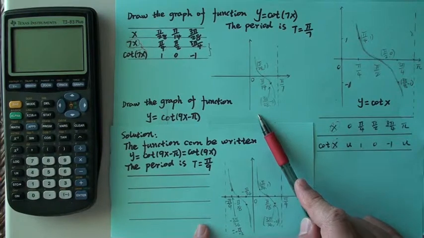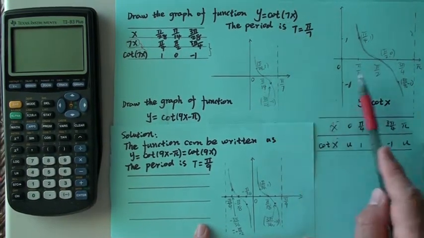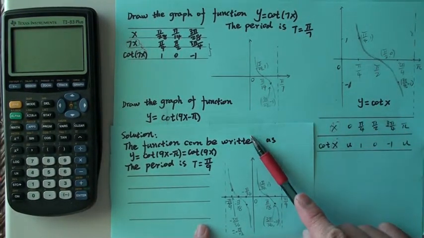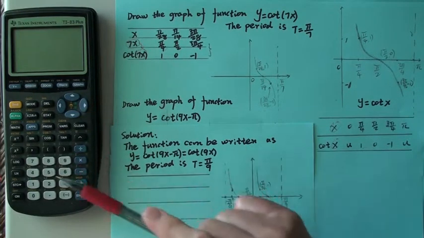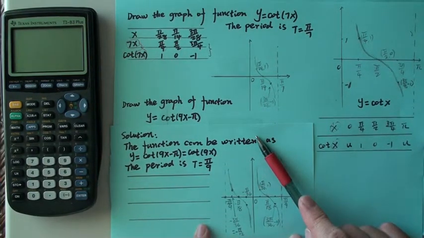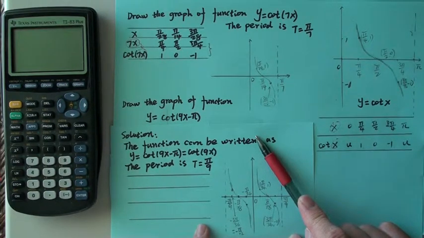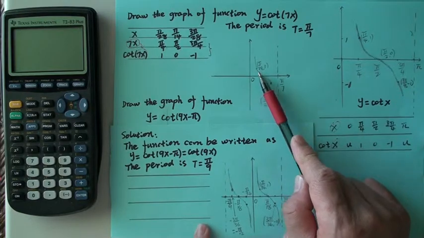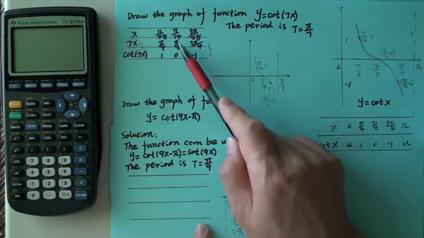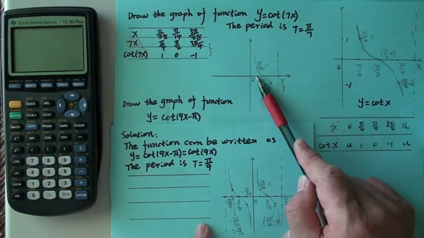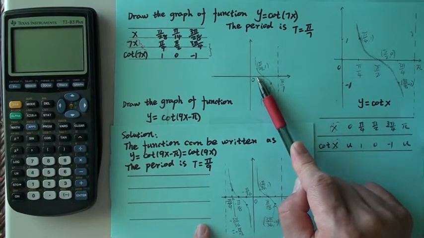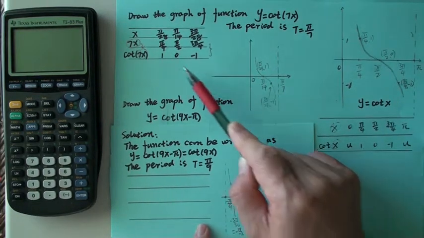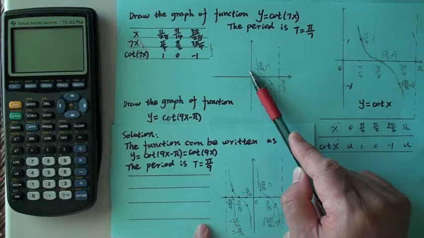If you don't remember the graph for cotangent, you can use your calculator. But right down here, I want to complete this example. Pi over 28 is right here, and then 1 is here.